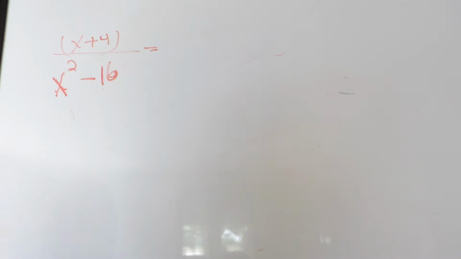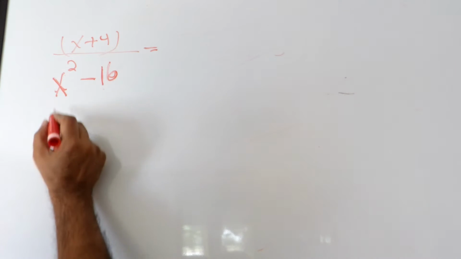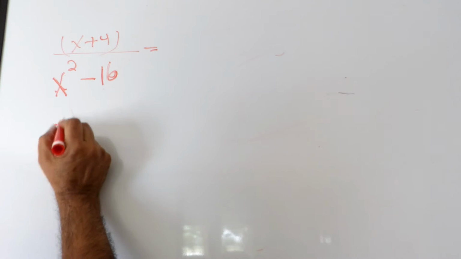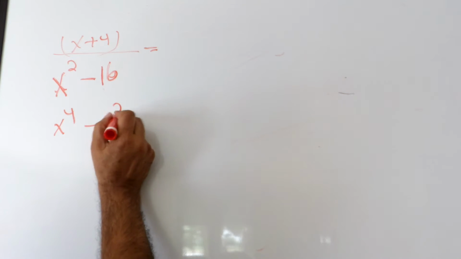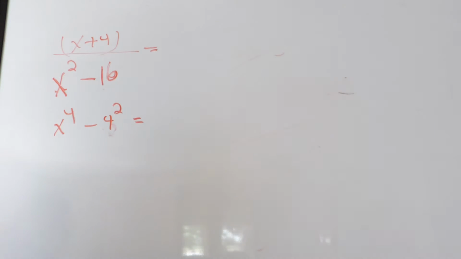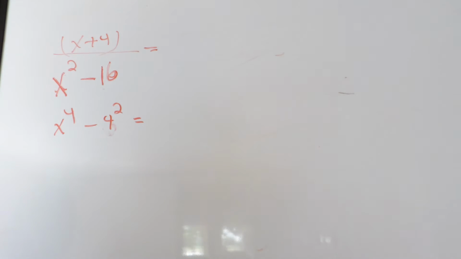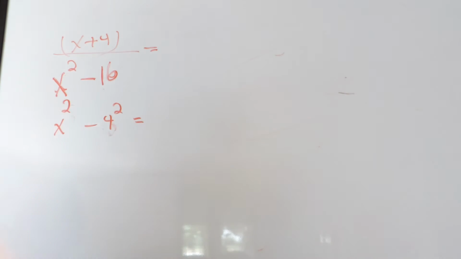So the rule we talked about, if you have something like that, you square x squared and 4 squared. We can write it like this, okay? x squared.